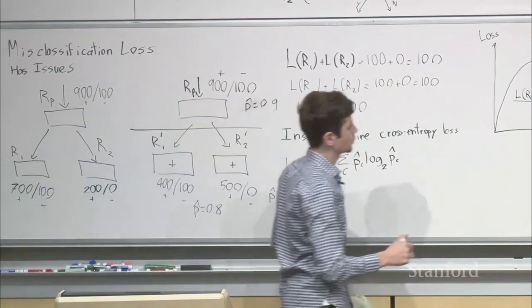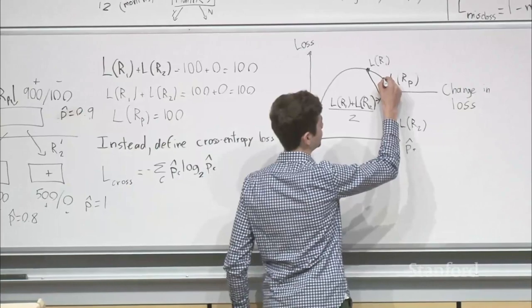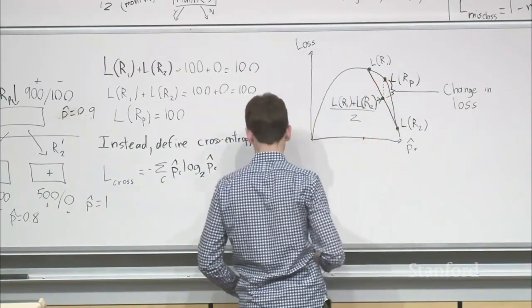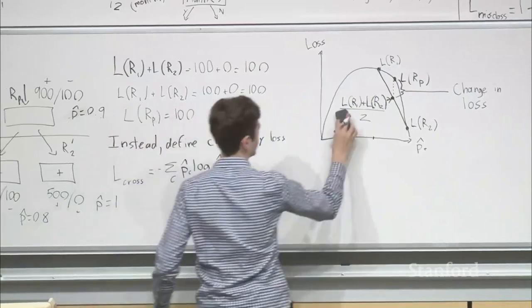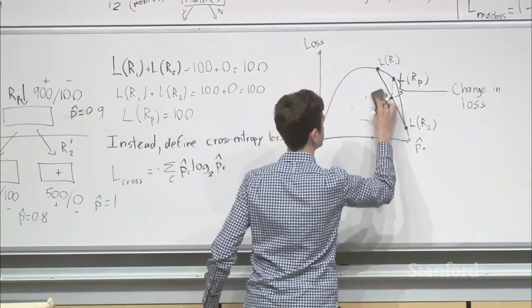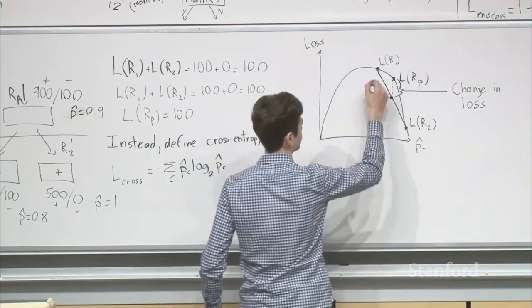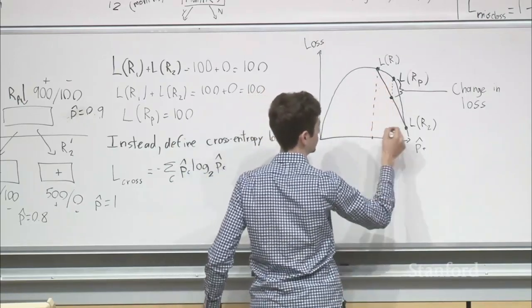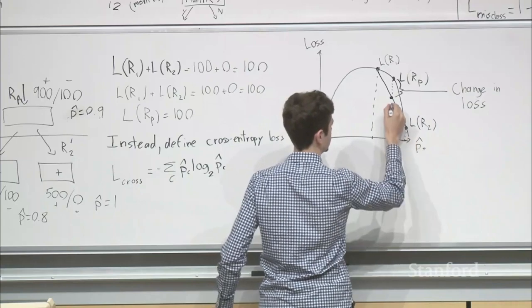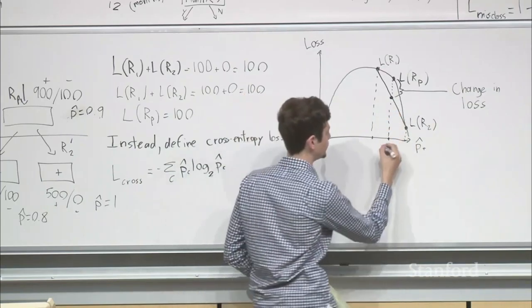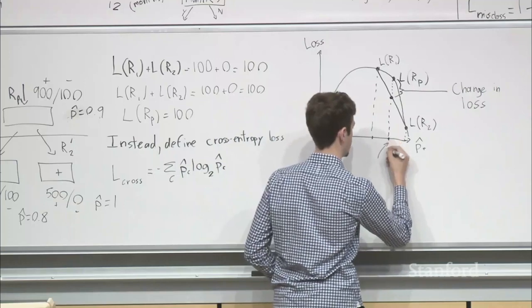And so that's how we can take this LR parent. This LR parent is just halfway. If we projected this down like this, we'd see that this point here is the midpoint.